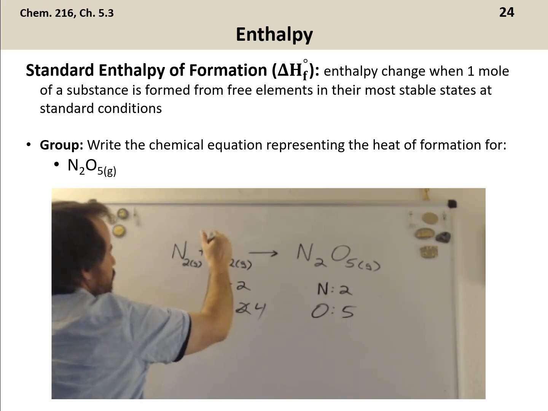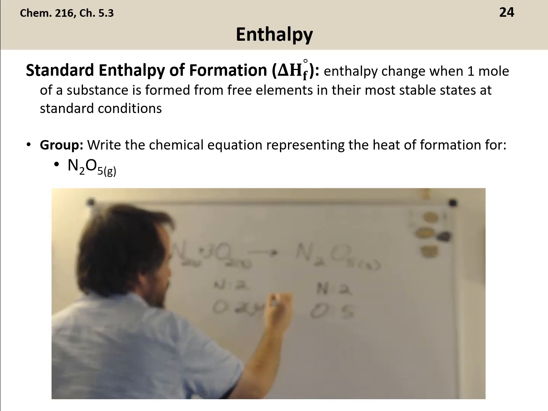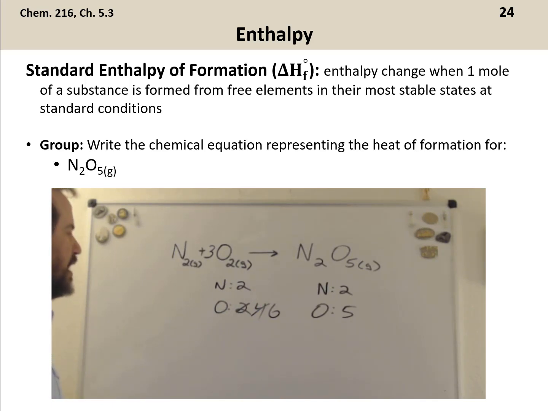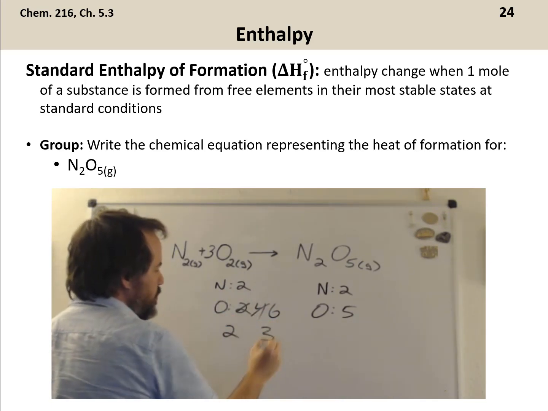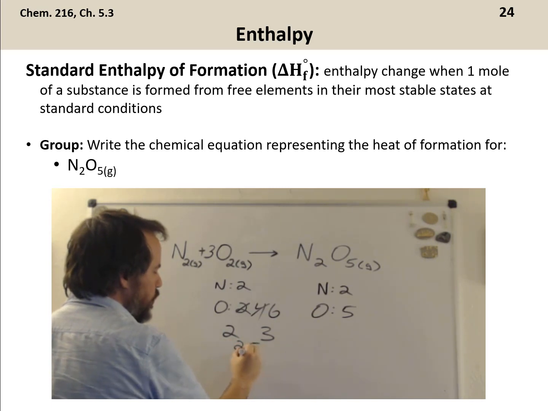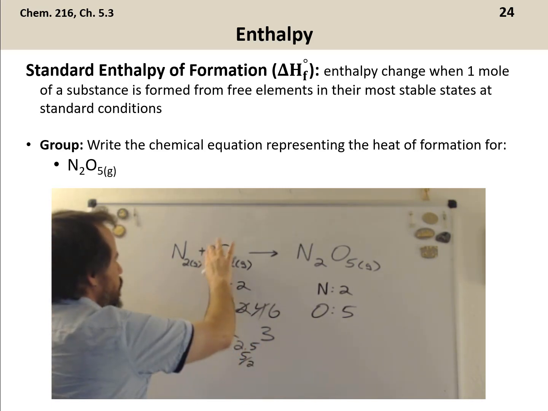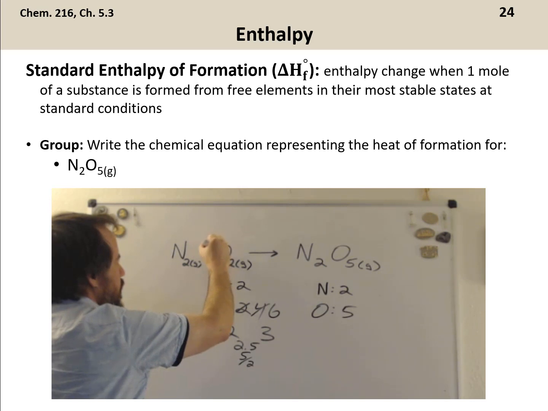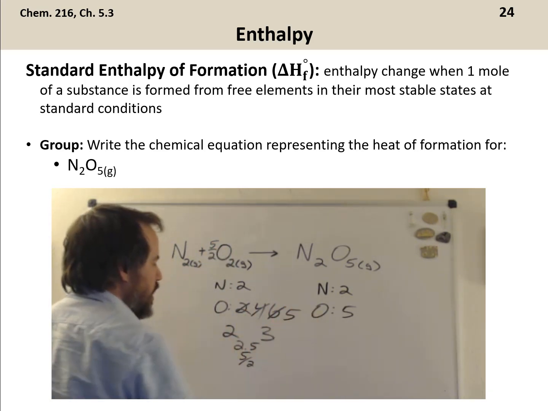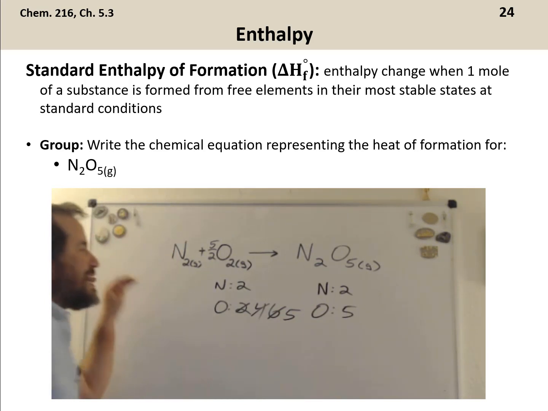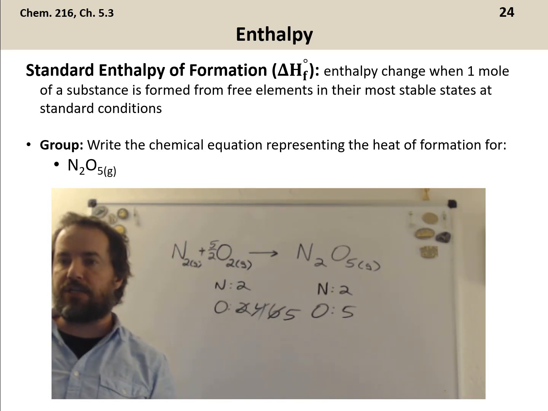If I put a 3 in front of there, that's going to get me 6. That's too much. So 2's too little, 3's too much, so 2.5 or 5 halves we'll put in front. So now I have 5 oxygens. Okay. This is my equation.